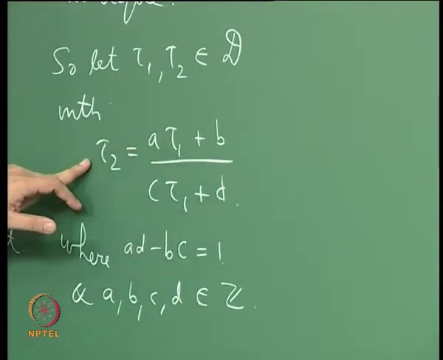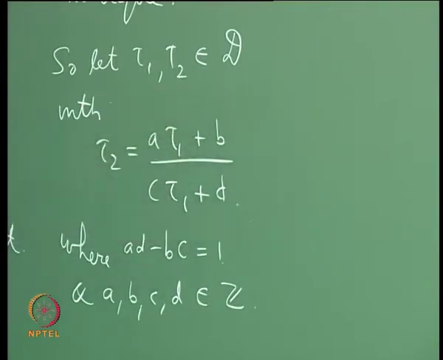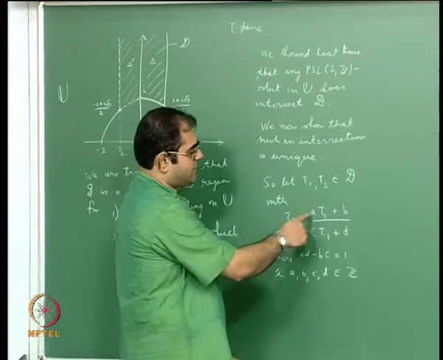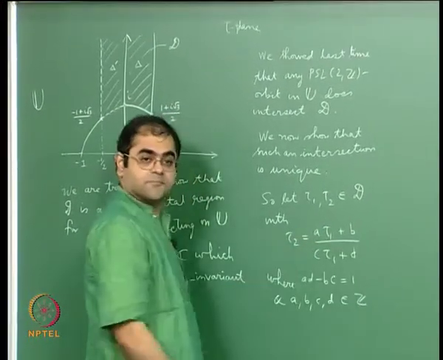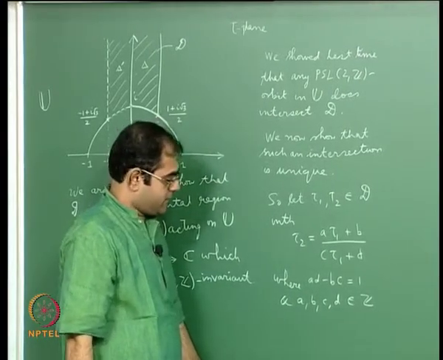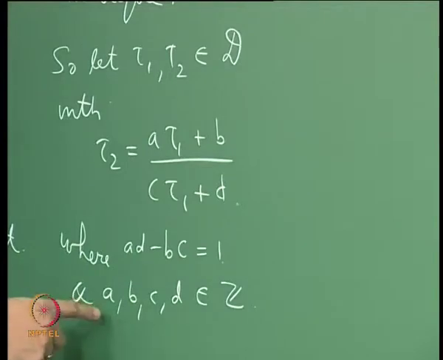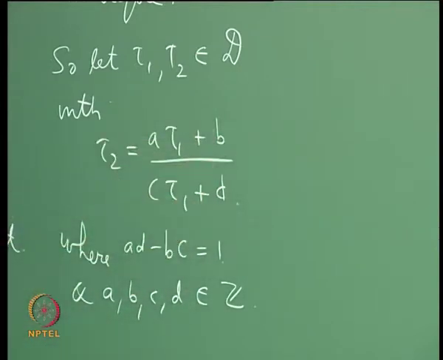So tau 2 is the image of tau 1 under the Mobius transformation defined by Z going to (A Z plus B) by (C Z plus D). The condition is AD minus BC is 1 and A, B, C, D are integer entries, so that makes this a unimodular transformation.